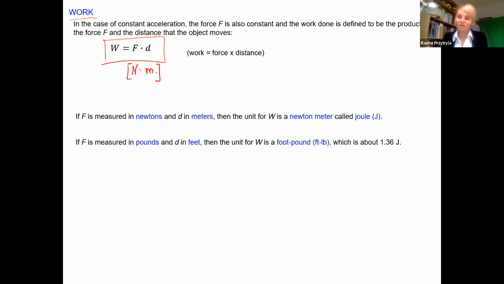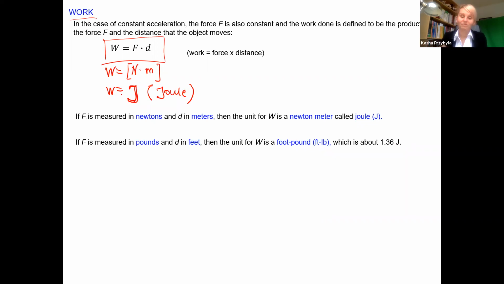We can call it newton meter, but we also have another name for the unit of work, which is the joule. We say J, but we say joule. That means it's newtons times meters.